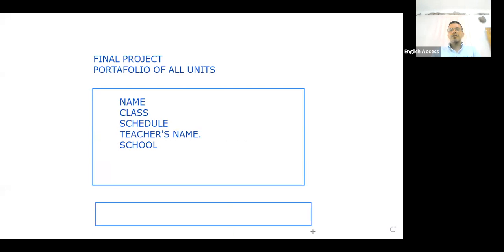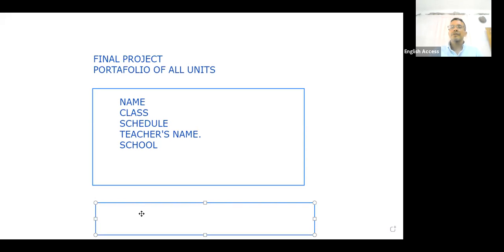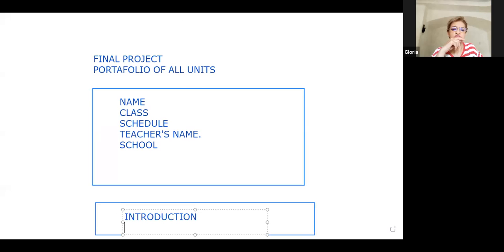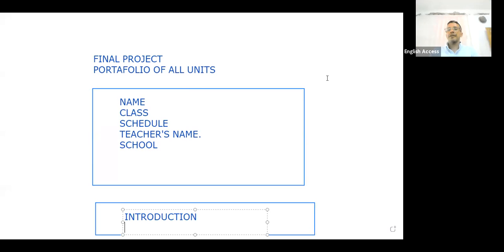That's what you usually do in some schools. I guess Gloria is familiarized with these portfolios. It's like a summary of what you see. So you make an introduction. It has to be in English.